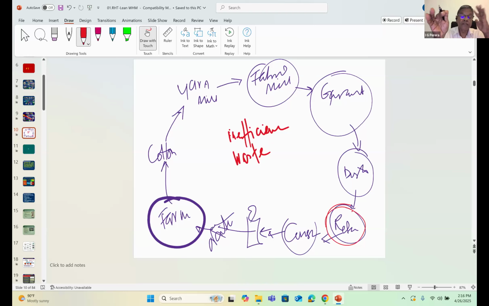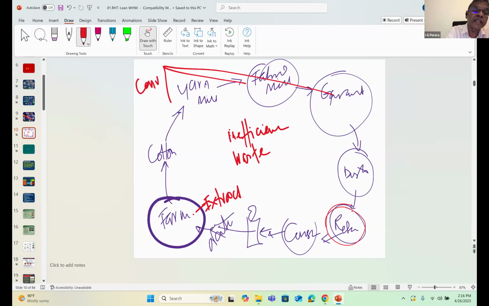Then, when we have discussed all these things, the farmer here is the extractor of resources. The yarn mill, fabric mill and garment manufacturers are converters. They are converting it.